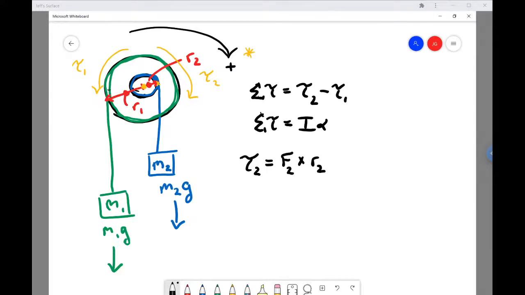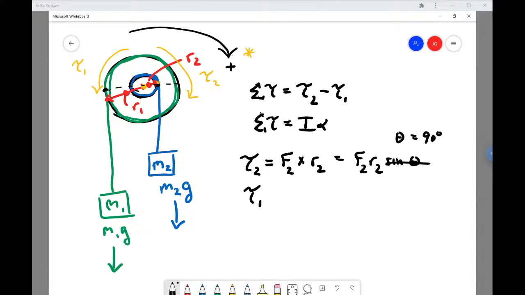There's an axis that goes through everything here, and the forces are applied at a point that's tangent to the wheels because everything's hanging vertically down. So when we write this out, the cross product is sine theta. The angle, because everything is perpendicular here, is 90 degrees, so sine theta becomes 1 and just goes away.